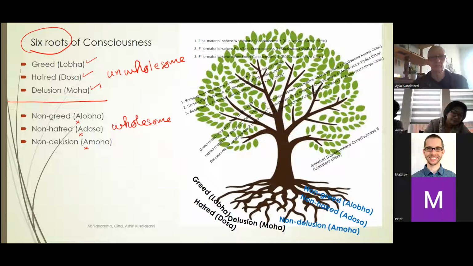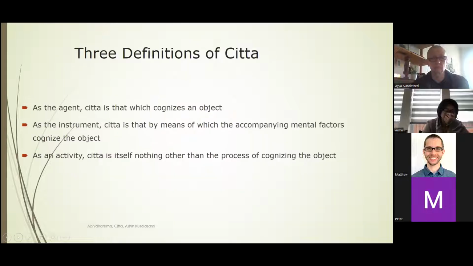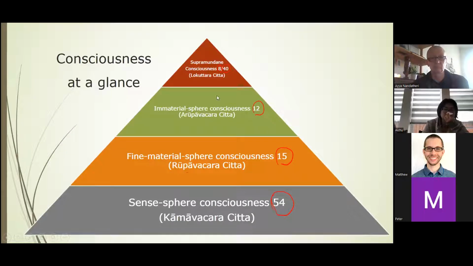We have talked about 89 consciousness altogether. At the beginning we talked about that; I hope you remember. Let me show you here. When we calculate all of this together, it comes to 89 consciousness.